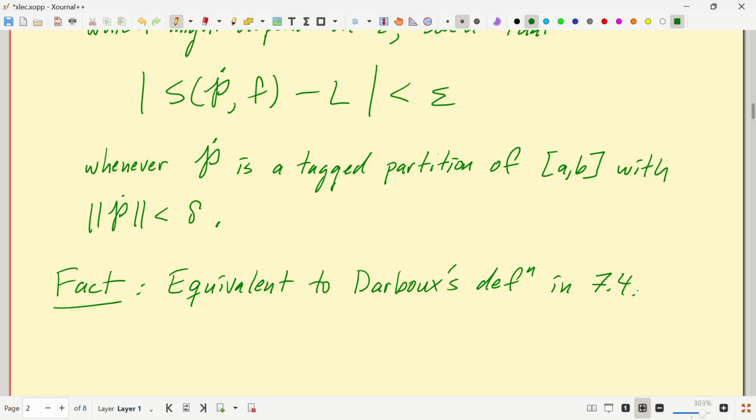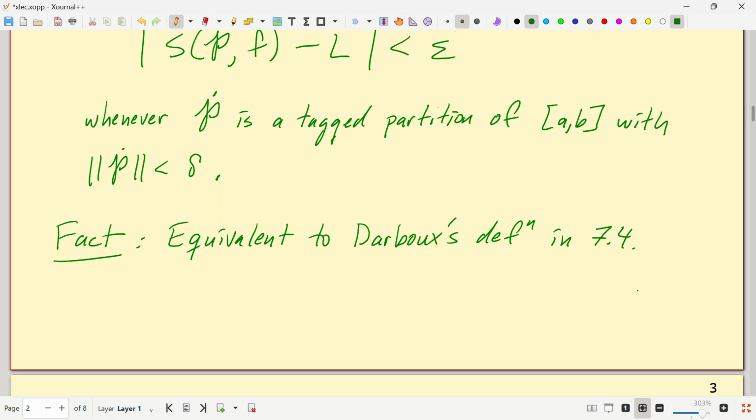And the proof of that is on page 232. It's just a couple paragraphs.